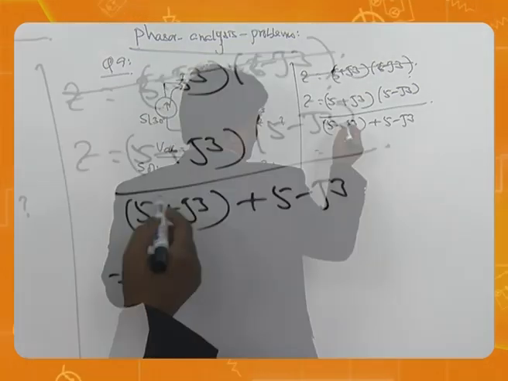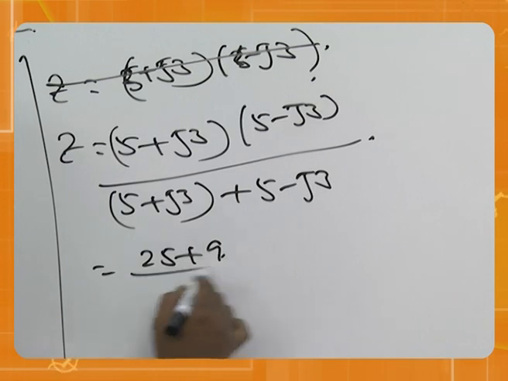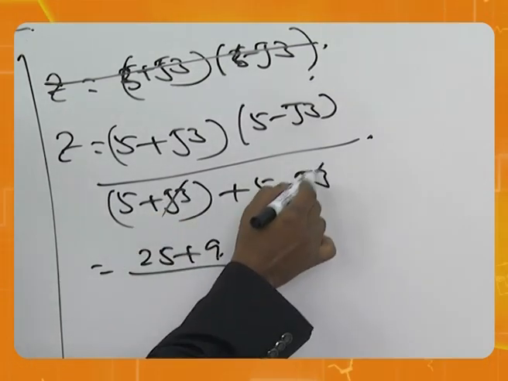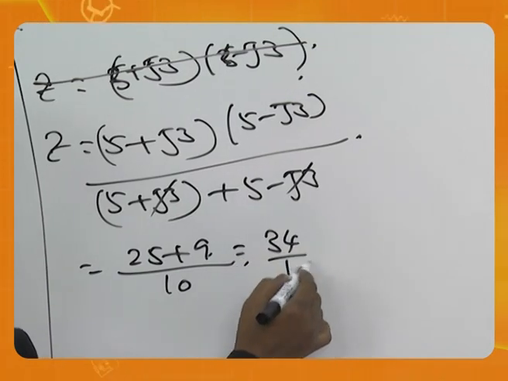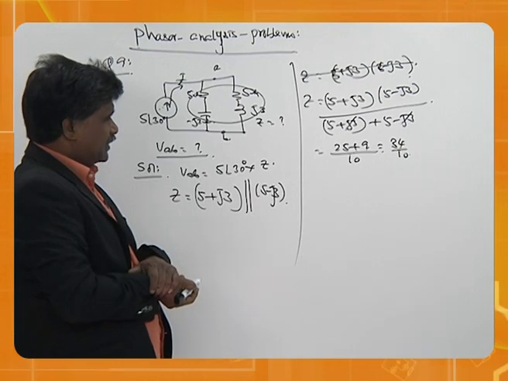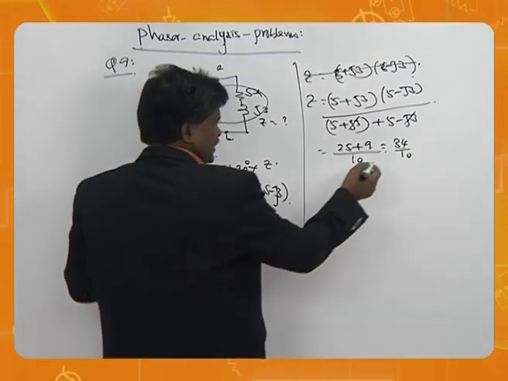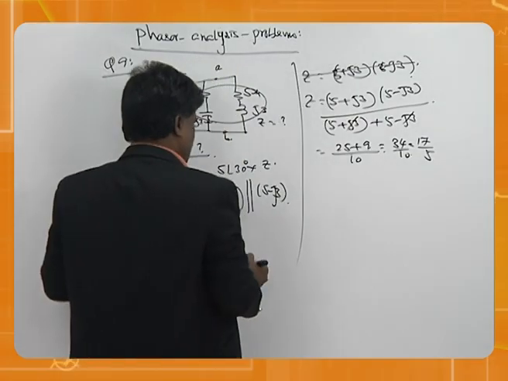Now what happens here? 25 plus 9 by 10, that is 34 by 10. And this is nothing but 17 by 5.